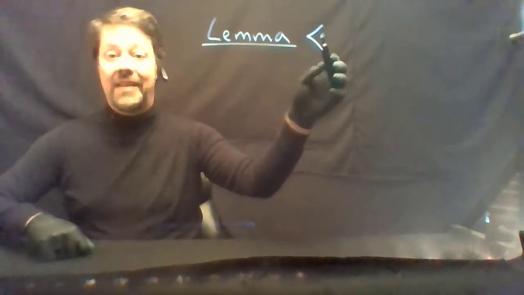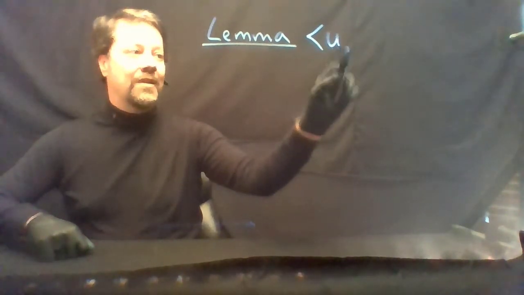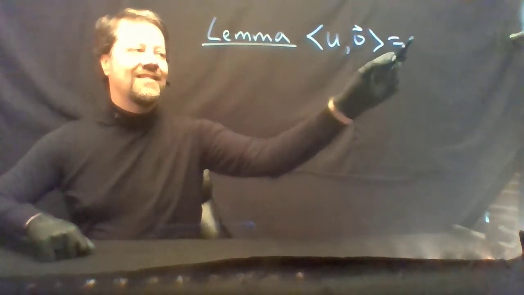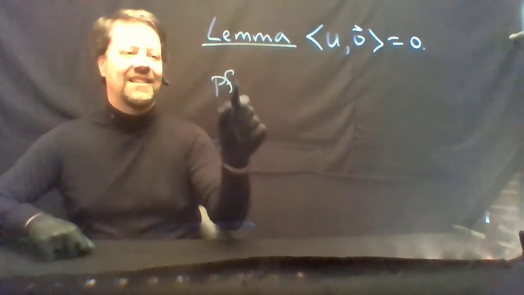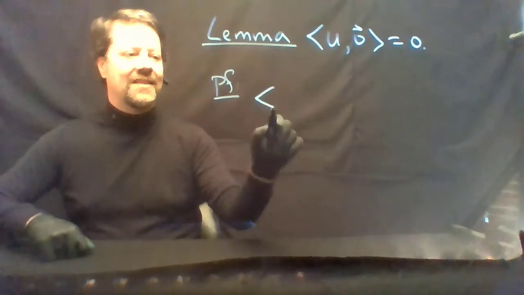As a little lemma, lemmas are like little baby theorems, we'll show that on any inner product space, the inner product of u and the 0 vector is the 0 scalar. The proof goes like this.